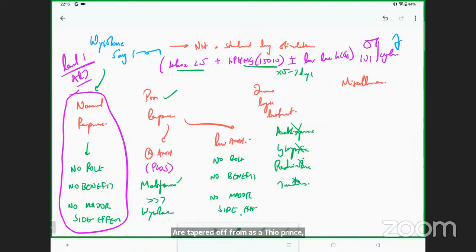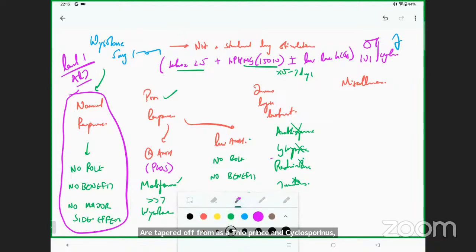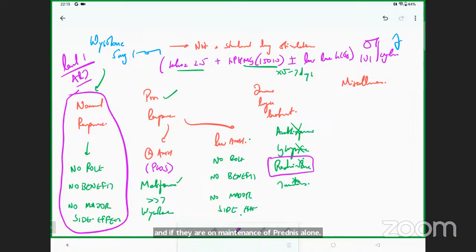And if they are on maintenance of prednisolone, especially patients who are post-transplant, post-bariatric surgery, or post-severe autoimmune conditions like psoriasis, Sjogren's syndrome, SLE, renal pathologies, if they are on a maintenance dose of prednisolone, you can safely give, along with a maintenance dose, your standard drugs of letrozole and HP-HMG.